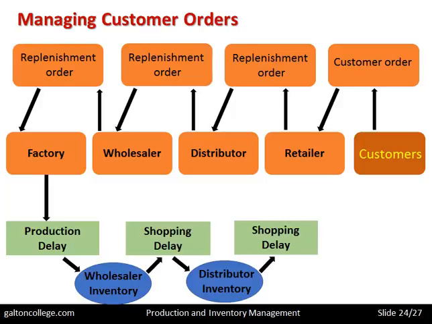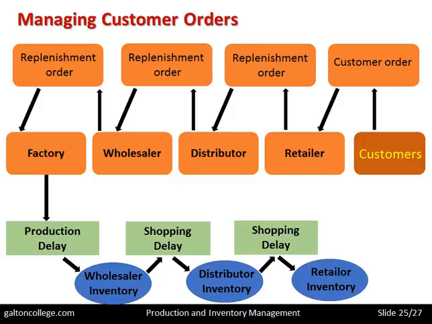So we can see that there's a production delay. The factory needs to tool up, get ready to produce this item. That's a delay. And then there's a shopping delay between the wholesalers and the distributors, and also between the retailers and the distributors. The retailer runs down the inventory, and that delay will eventually mean an order has to be placed with the distributor.